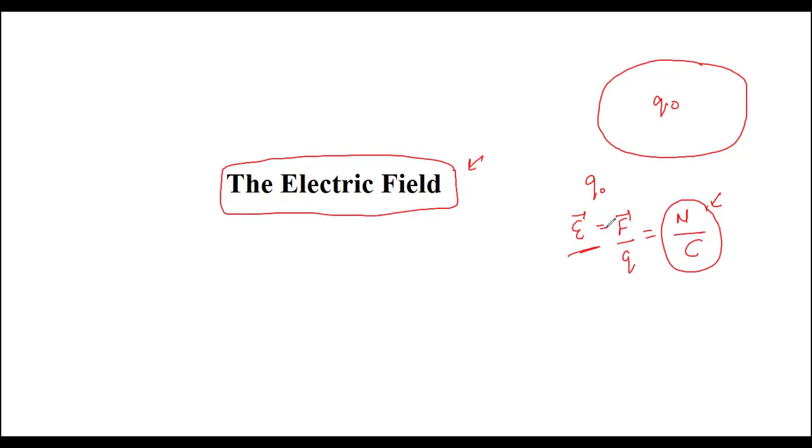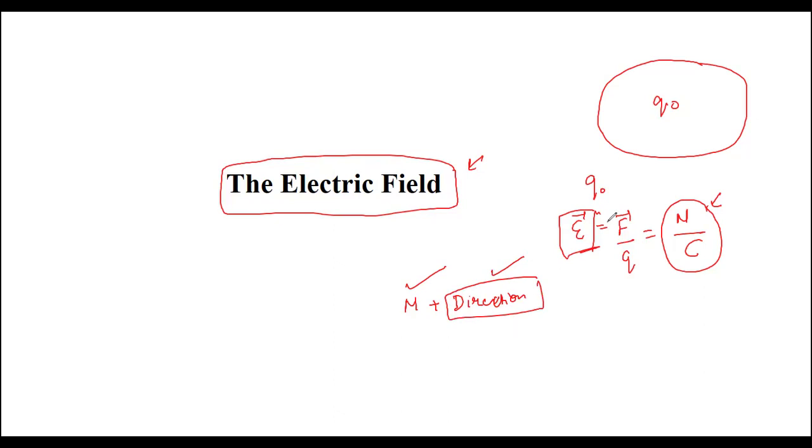Now, moving ahead, the direction of the field is taken as the direction of the force, because electric field is a vector quantity, right? So that means it will have magnitude plus direction. Electric field is a vector quantity, that means it should have magnitude as well as direction.